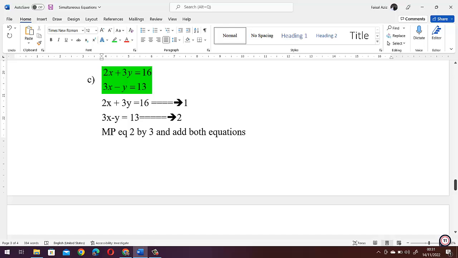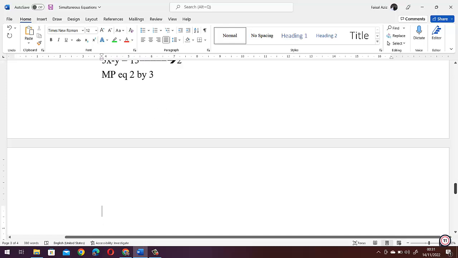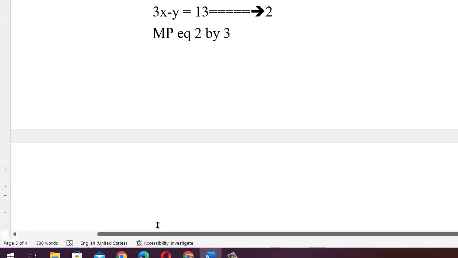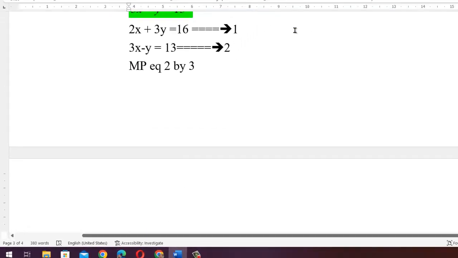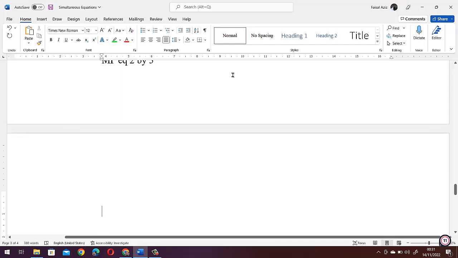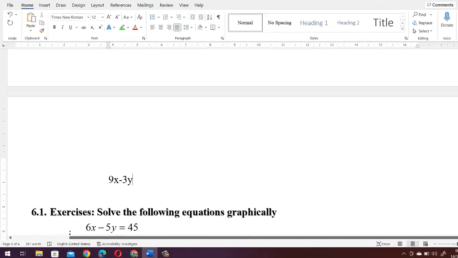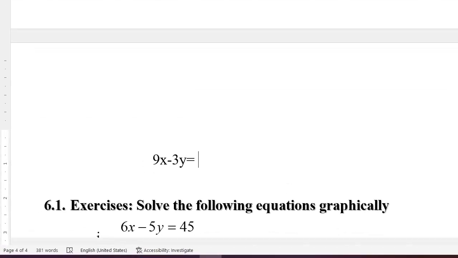Let me do it this way. When we multiply equation 2 by 3, we will give it a different name. So I'm going to multiply it by 3, and it will be 9x minus 3y, since 3 threes are 9x, and then 13 multiplied by 3 will give us 39.